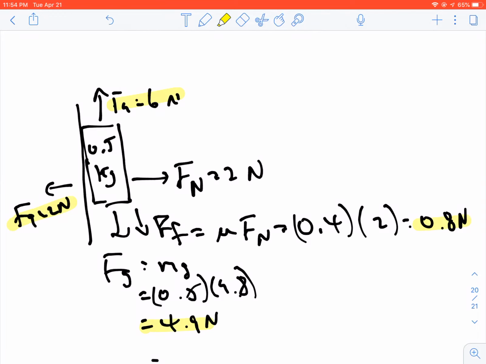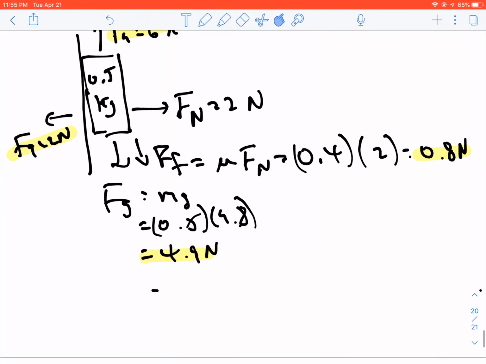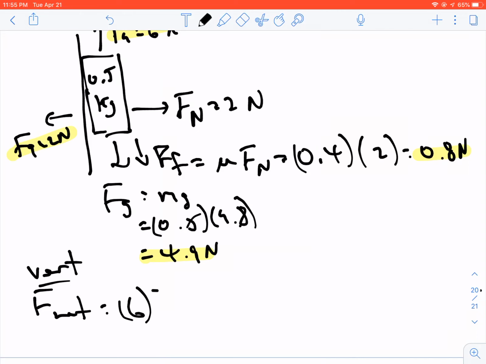So if I'm going to do an F net statement now, again, I'm only looking at the vertical motion because the horizontal motion, the left to right, is going to cancel out. So the up-down motion, vertical, is equal to plus 6, which is my up force, plus my gravitational force, negative 4.9, plus my frictional force, negative 0.8, because remember friction is working down.